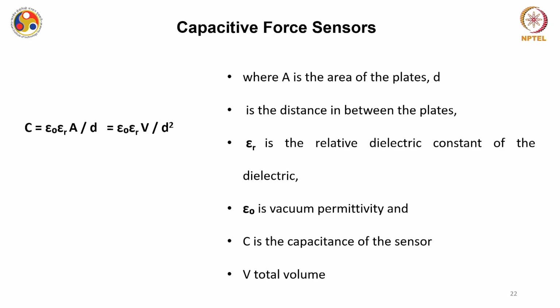In this equation, again the letters have their own meaning. A is the area of plates, d is the distance between the plates, epsilon r is the relative dielectric constant, while epsilon naught is the vacuum permittivity, C is the capacitance of the sensor, and V is the total volume.